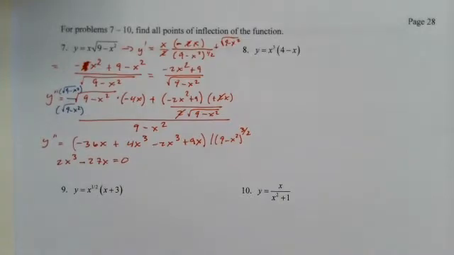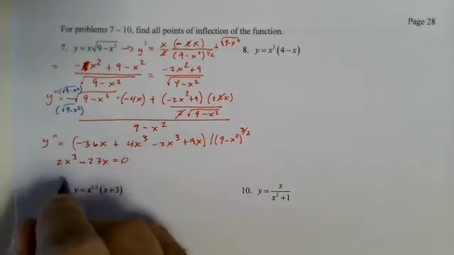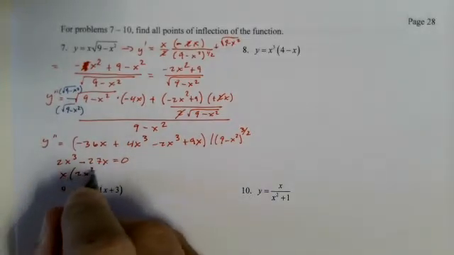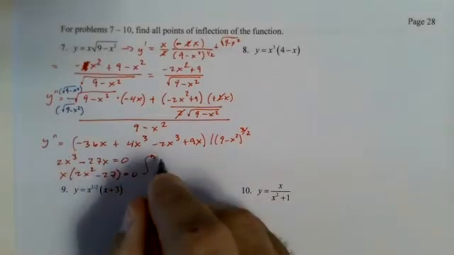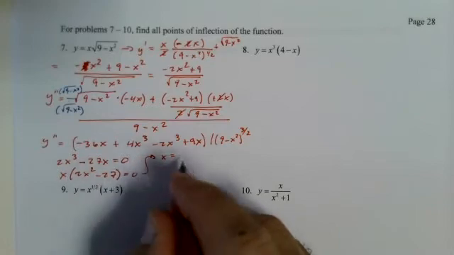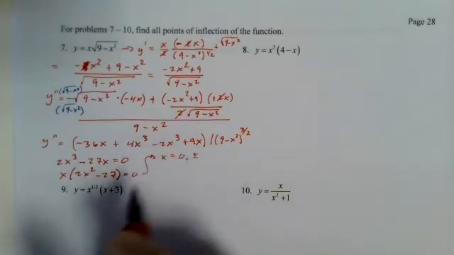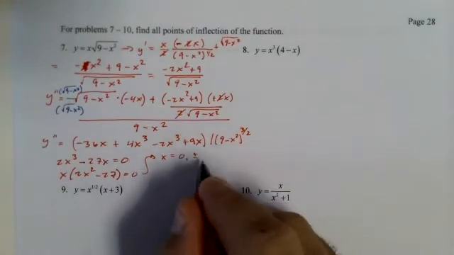Okay, I think I figured out my mistakes. So this becomes x times 2x squared minus 27 equals 0. X equals 0, plus or minus the square root of 27 over 2.